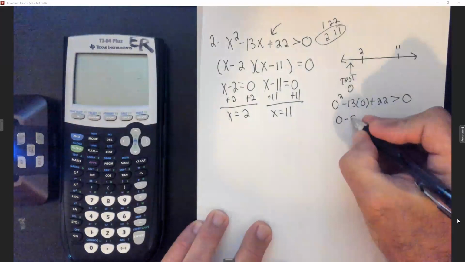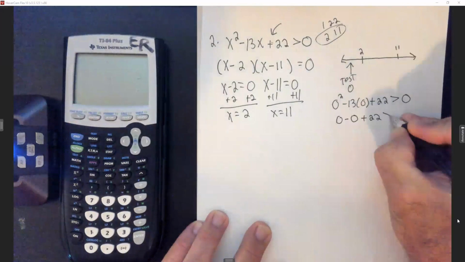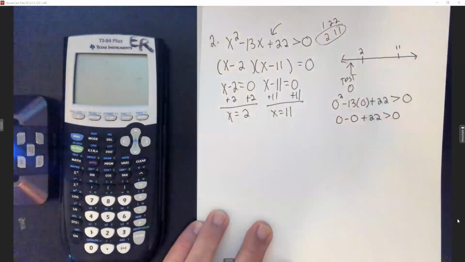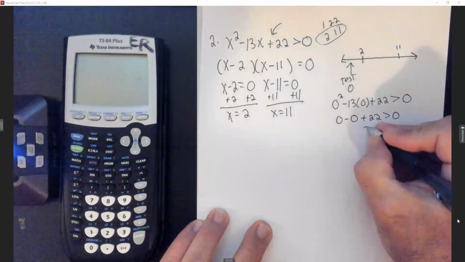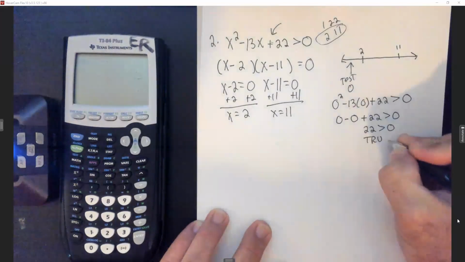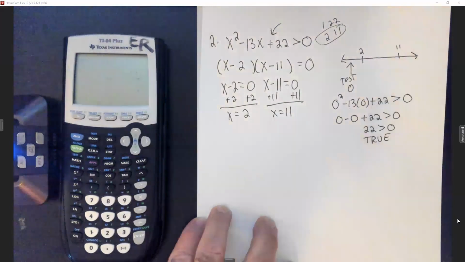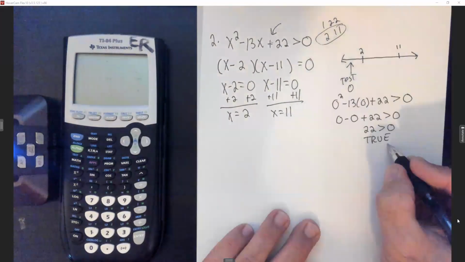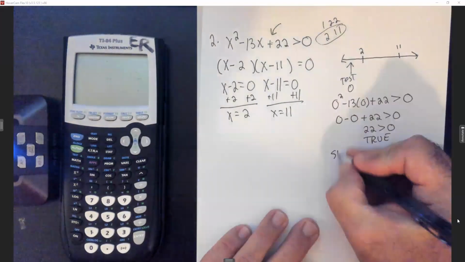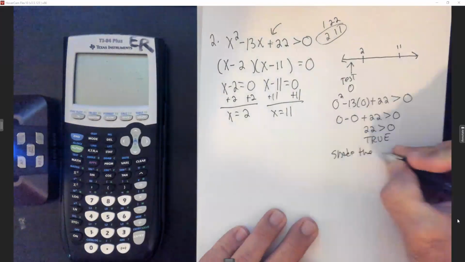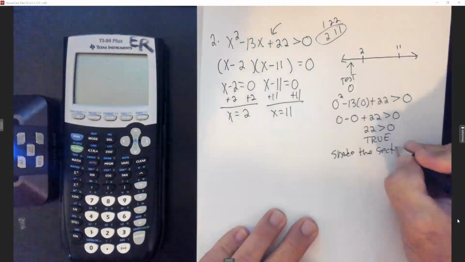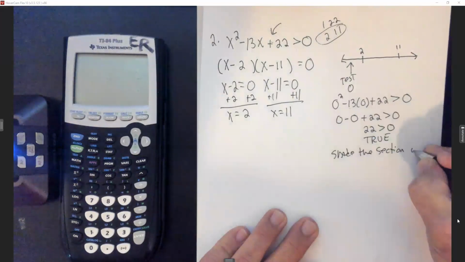Plus 22 has to be greater than 0. And look, that's going to be true, right? Because 22 greater than 0 is true. So since that's true, I shade the section where 0 was located.